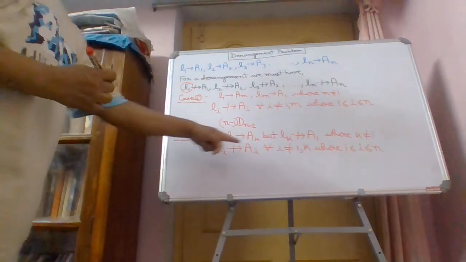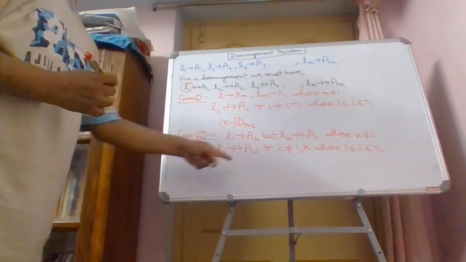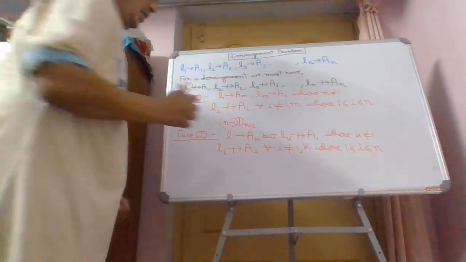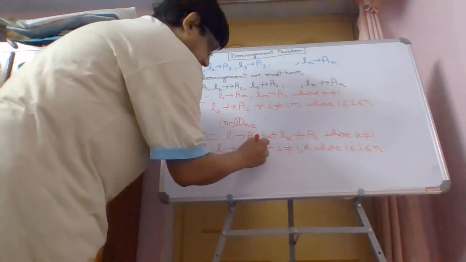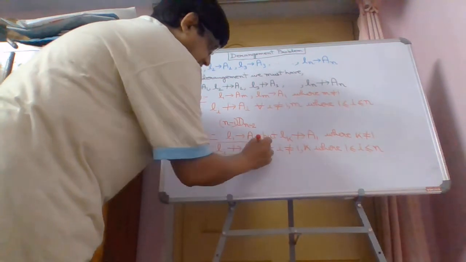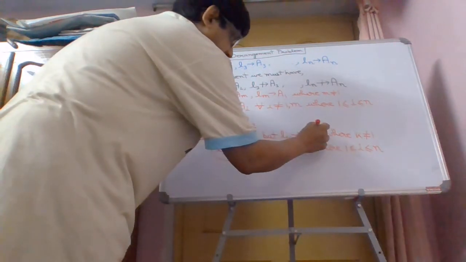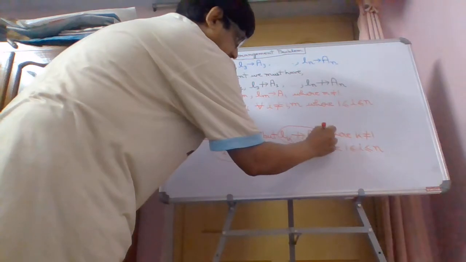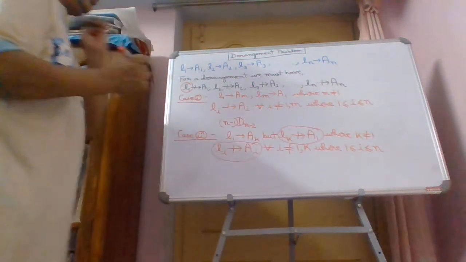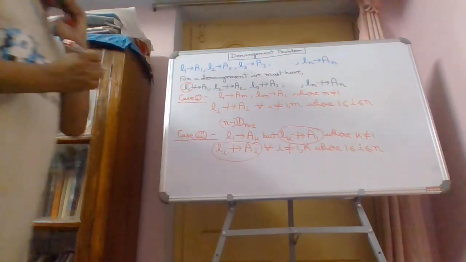So over here we have exactly n minus 2 restrictions, and besides that we have an additional restriction, which is this one, that Lk should not reach address A1.